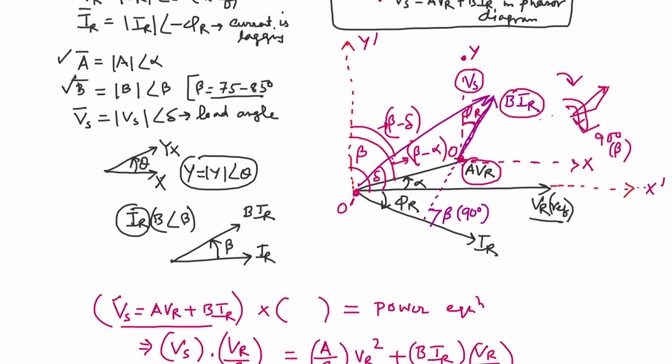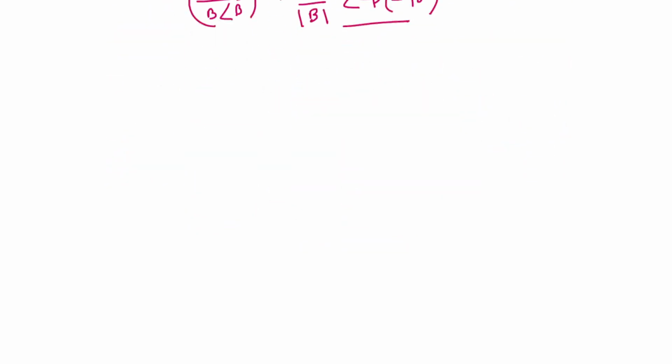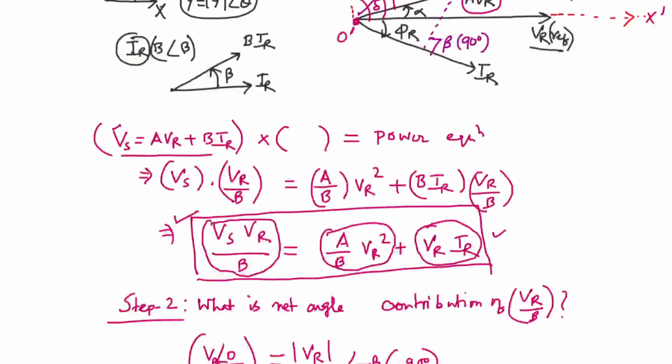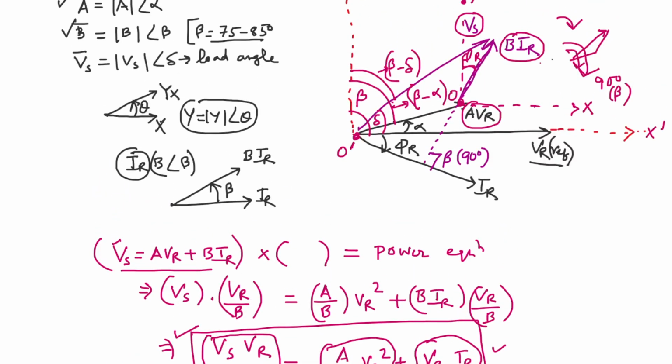So let me first draw the x dash y dash axis. We have first the x dash axis here and the y dash axis here. This is y dash and this is x dash. You see, this was x dash.